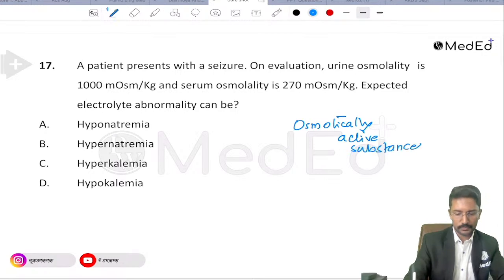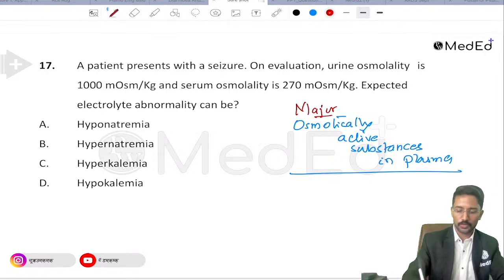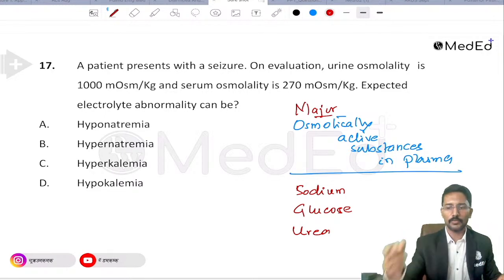There are so many micromolecules, but the major contributors are sodium, glucose and urea. These are the three major contributors to serum osmolality because they are osmotically active. Depending on their levels, you have a serum osmolality.